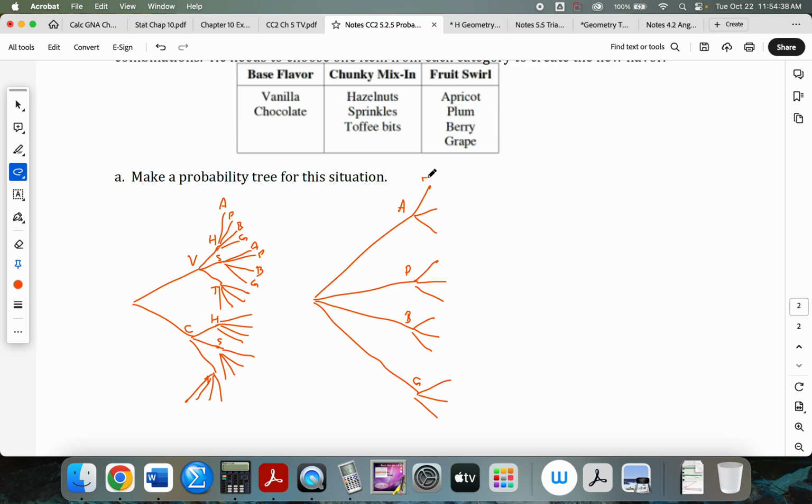So this was hazelnuts, sprinkles, and toffee bits. And then off of each of those, I have 2 base flavors, vanilla or chocolate. In the end, it's the same number of total.